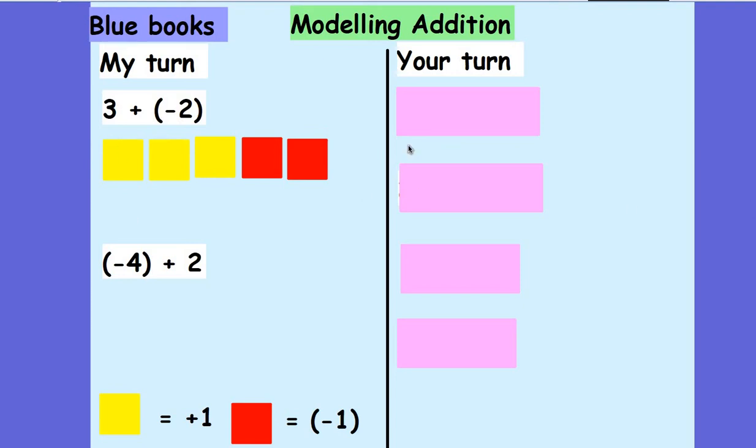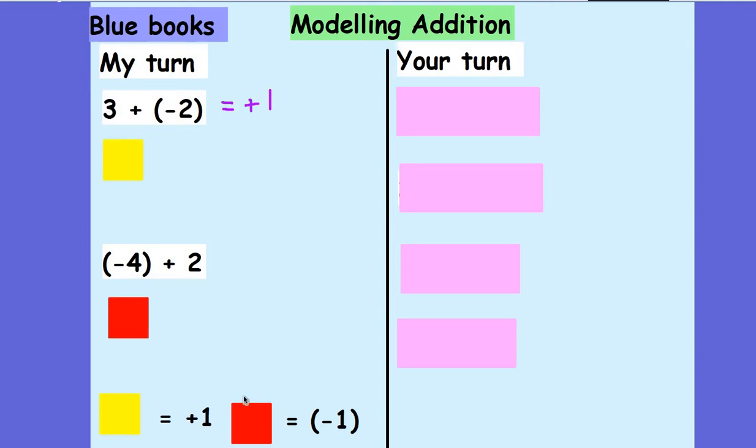Now what can I do when I've got a mix of yellow and red tiles, please, Will? Correct, I can get rid of 0 pairs. So if I line these up, I've got 1 0 pair here, let's bin it. I've got another 0 pair here. So the answer is just going to be +1. Let's go through another example.